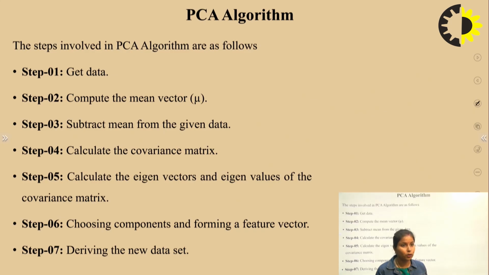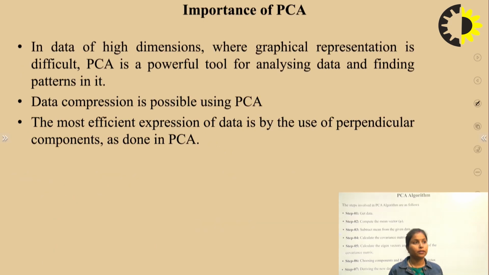Some steps followed in the PCA algorithm: first we get the data, then compute the mean vector, then subtract the mean from the given data, then calculate the covariance matrix, then calculate the eigenvalues of the covariance matrix, then choose the components and form the feature vector, and next derive the new data points.